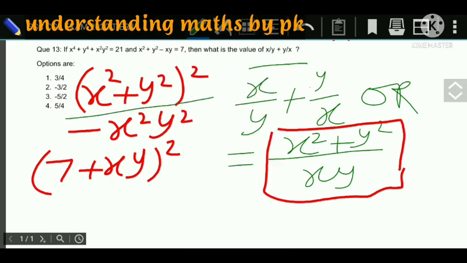So from here, (7 plus xy) whole square minus x square y square.